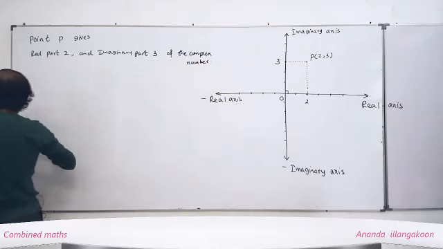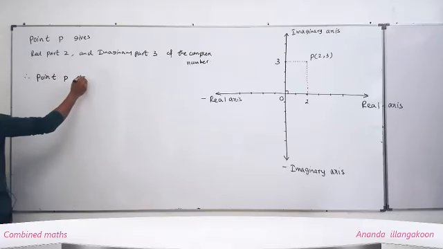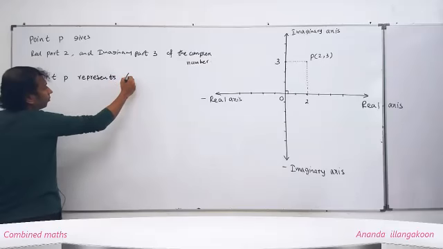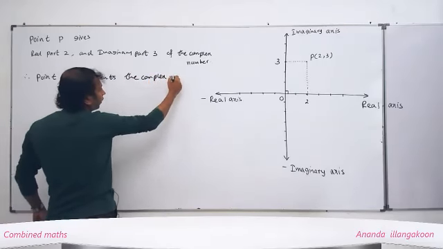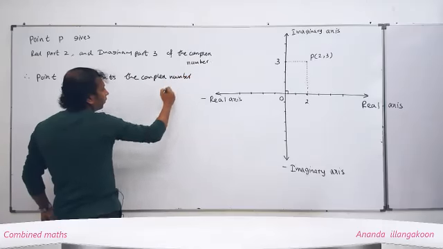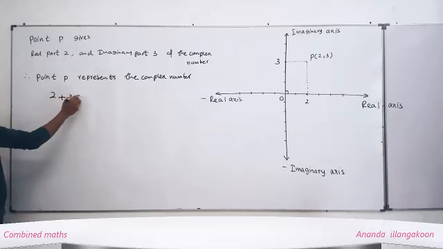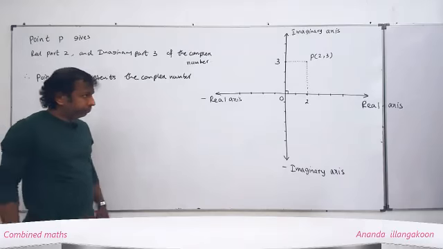Therefore, point P represents the complex number 2 plus 3i.